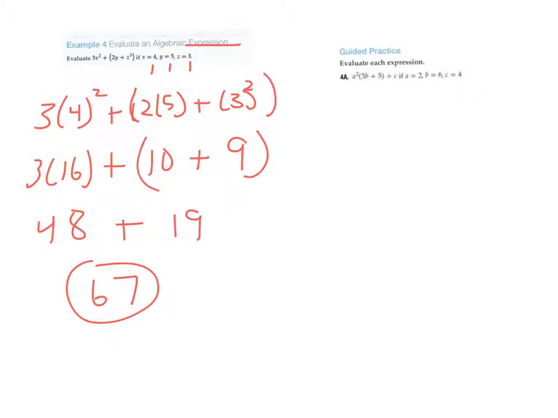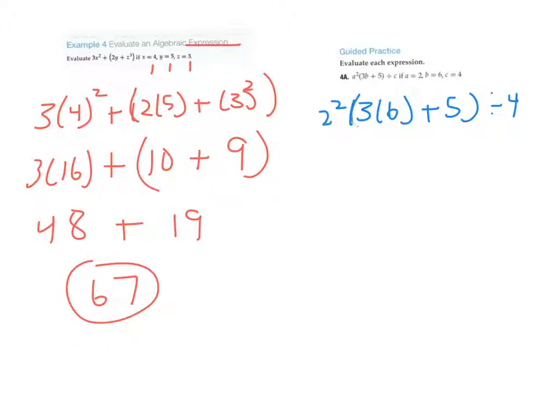Same thing over here. We're going to substitute, so 2 squared, 3, 6 for the b, plus 5, and divide this by 4.